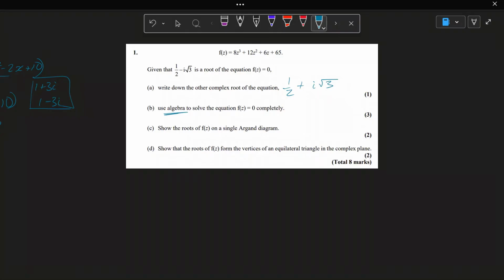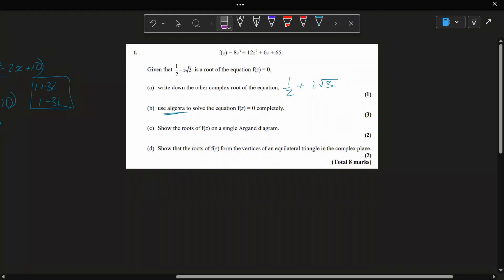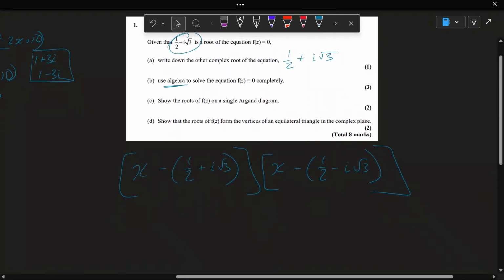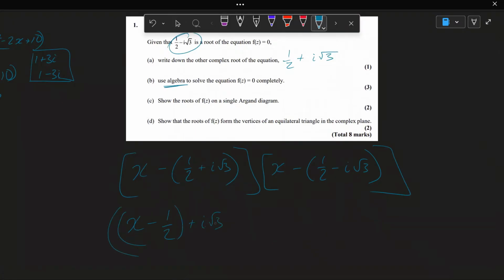So I'll just run through this quickly. We can write the quadratic to find these roots as x minus half plus i root 3, and x minus half minus i root 3.